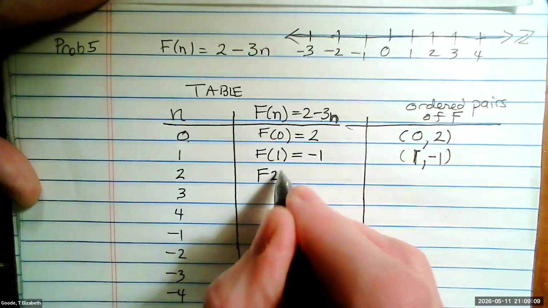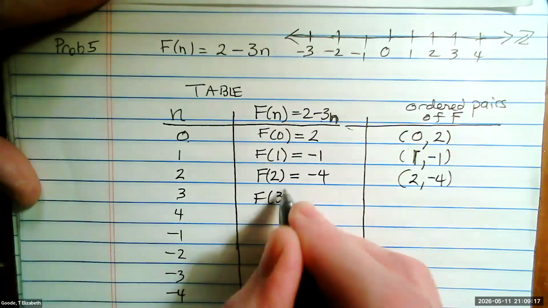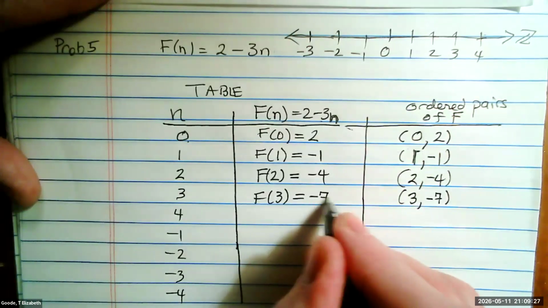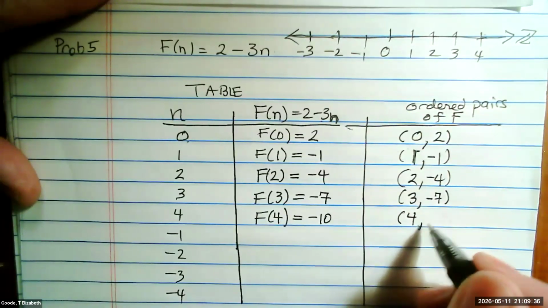What's f of 2? -4. What's f of 3? -7. What's f of 4? -10. See what's going on with the y values?